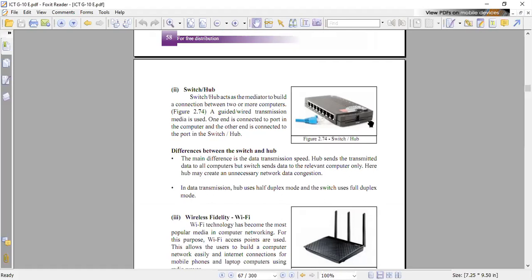Under that, write down, these devices are used to connect computers within a network.